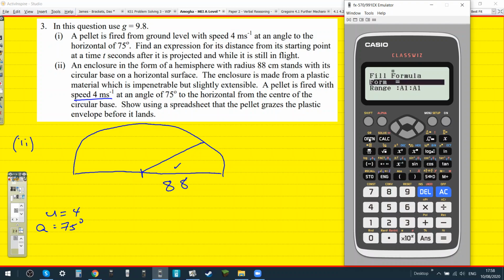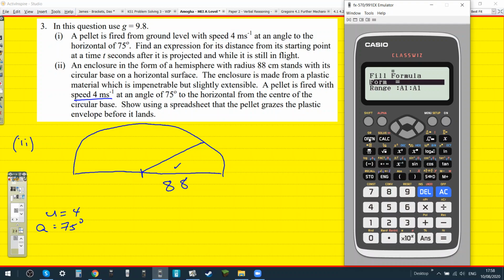Ooh, I don't know. You didn't put anything in the formula, that's why. So you press equals first or something? No, you just have to put a formula in. So the formula would be the one that we figured out before.